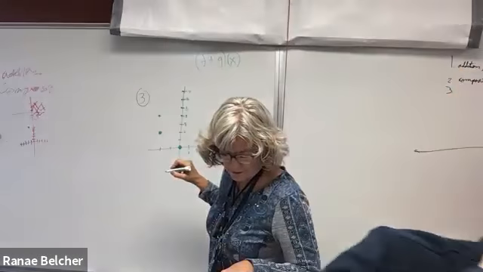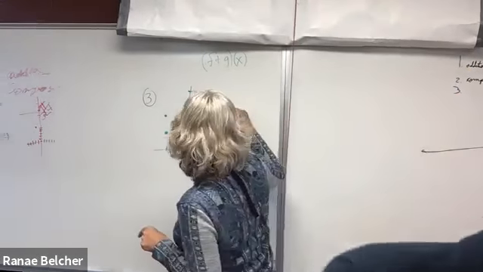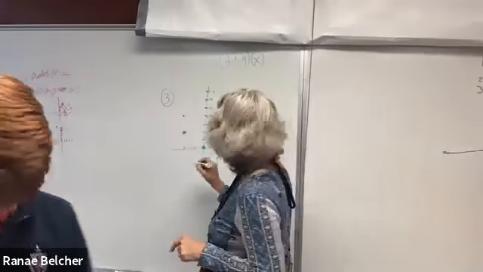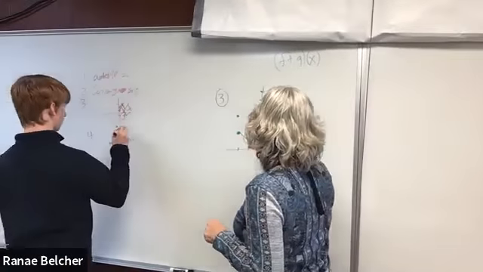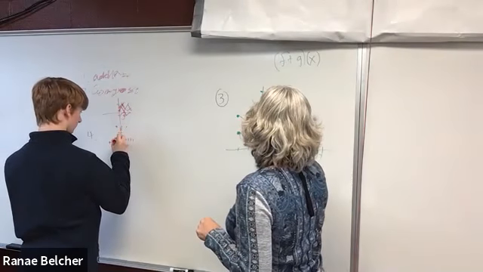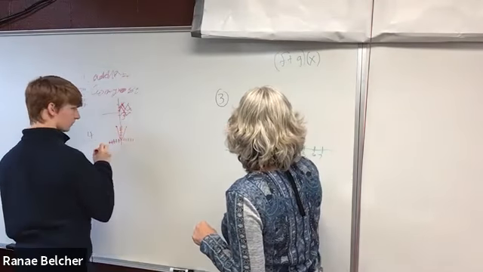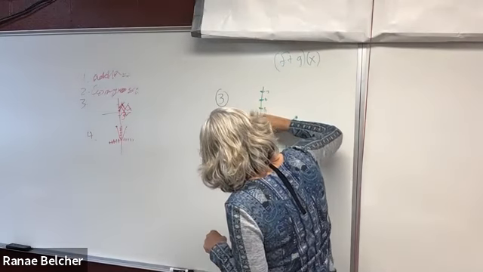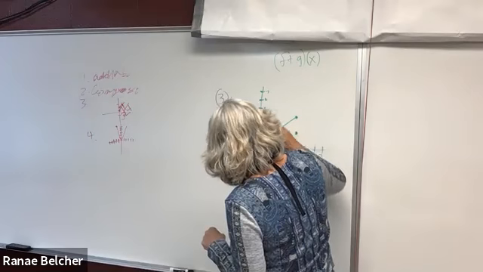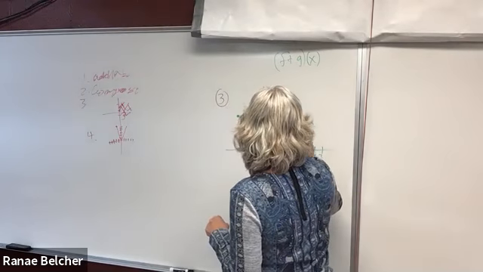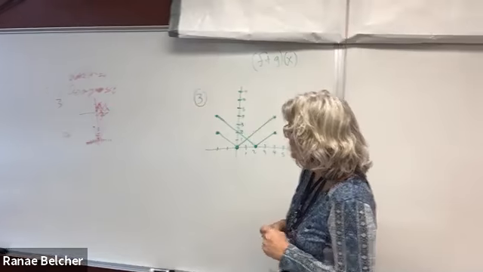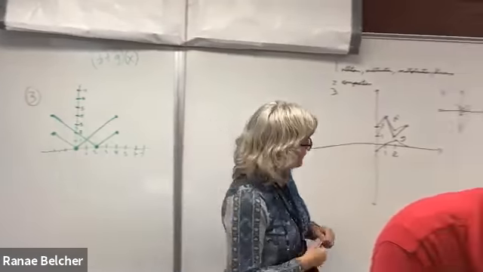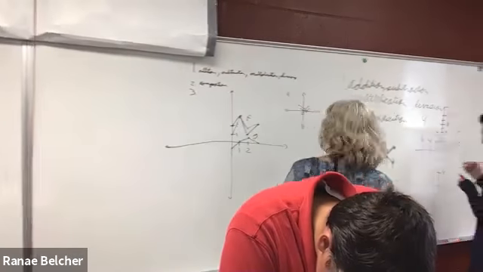And I've got 4, 4. Okay, straight line, straight line. There we go. Then get a different color to do the addition.